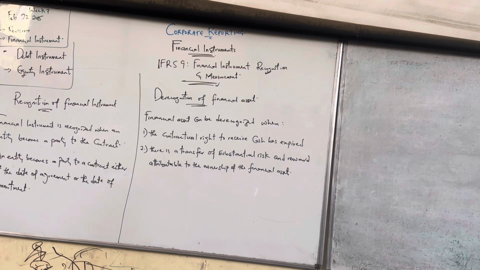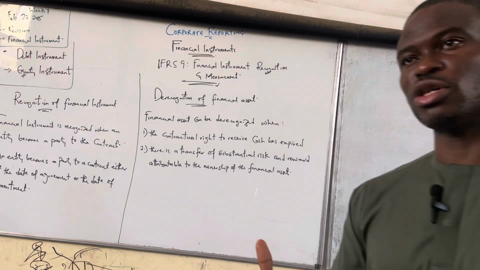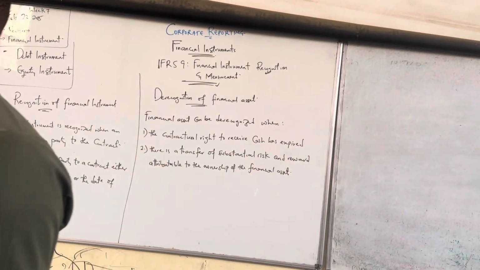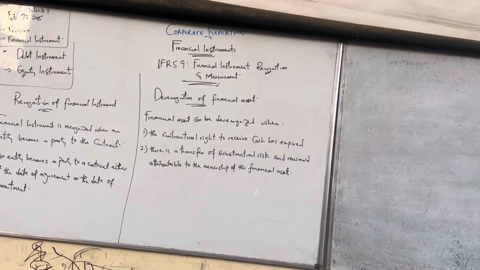When there is a conditional sale, it means there's an option to repurchase. If that option to repurchase is at fair value, then you have sold. You have transferred risk and reward. But if the option to repurchase is at a fixed value, then you have not transferred risk and reward.